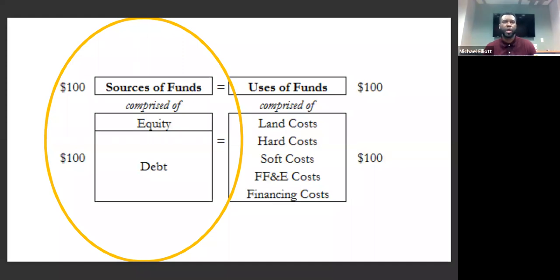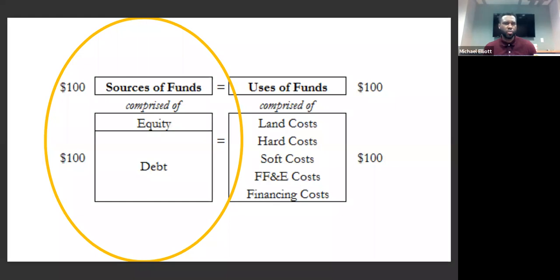Sources are comprised of two things: the equity, which we'll talk about a little later, as well as the debt that you bring to the table. Those typically correspond to land costs, hard costs, soft costs, furniture and fixture equipment, that's what the F&E stands for, and financing costs as well.